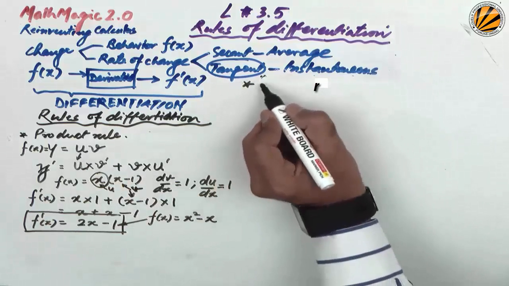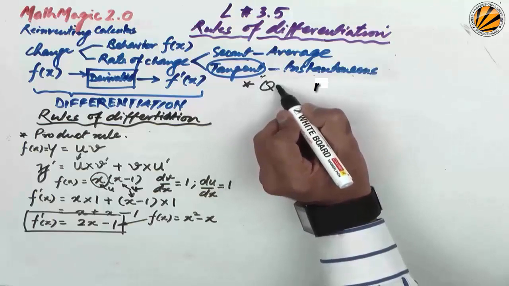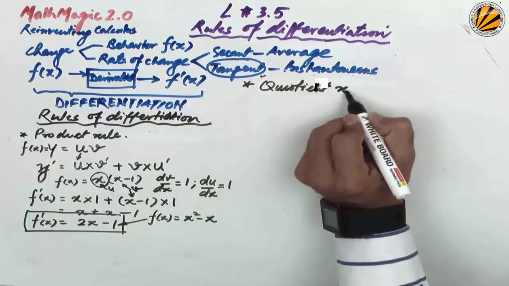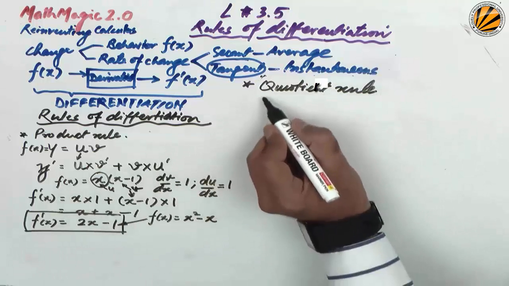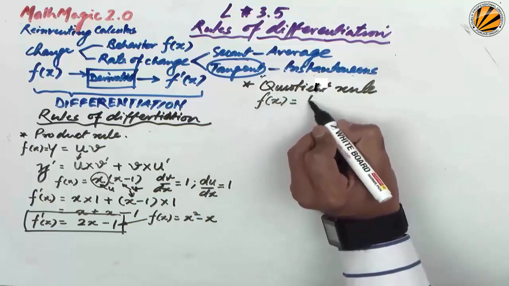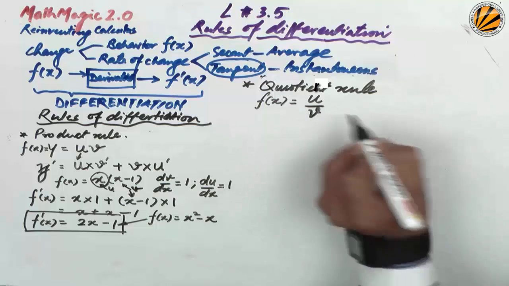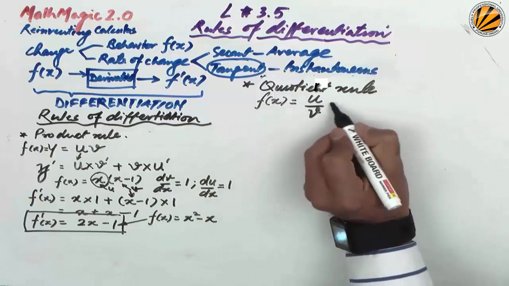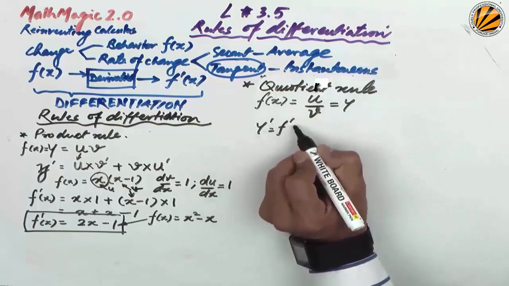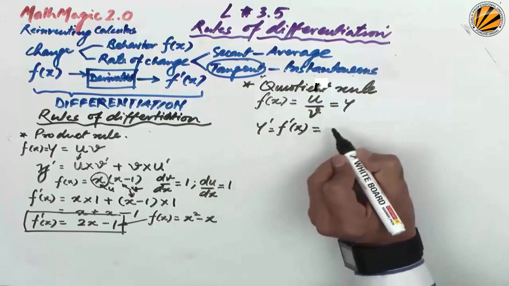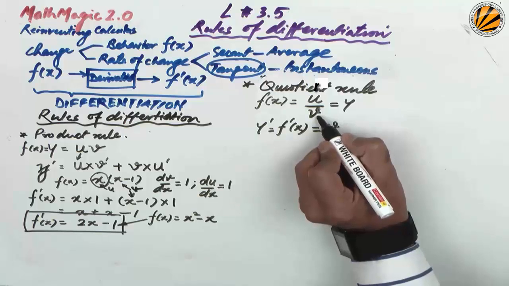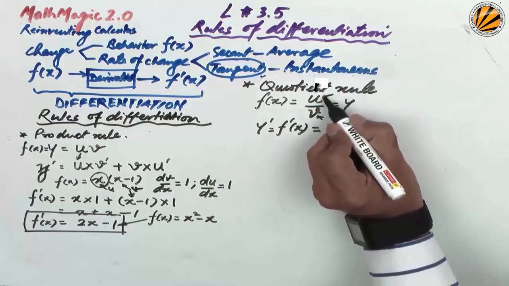Another very important rule is known as the quotient rule. Similar to the product rule, if I have a function which is a fraction of two functions, that is u and v, and this is y, then y prime, or f prime of x, would be equal to this. Now v is the denominator function and u is the numerator function.